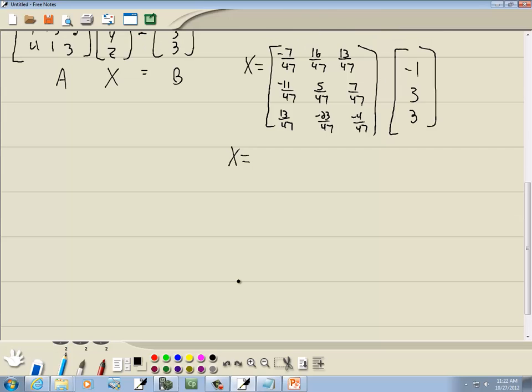So let's see how I do. I'm going to take this row times this column. So -7 over 47 times -1 gives us +7 over 47. 16 over 47 times 3 gives us 48 over 47. 13 over 47 times 3 is 39 over 47.